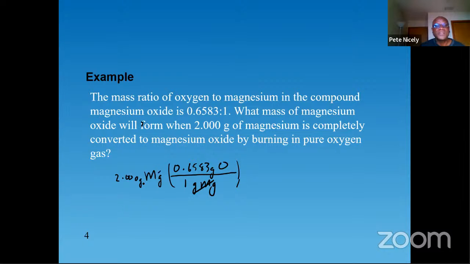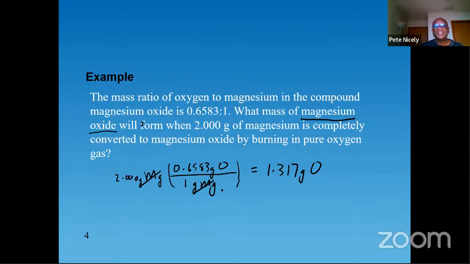So let me do the calculation here. So that's going to be 2.00 times 0.6583. And the answer I got is, okay, I have to round this off to 4 sig figs. So this is going to be 1.317 grams of oxygen.